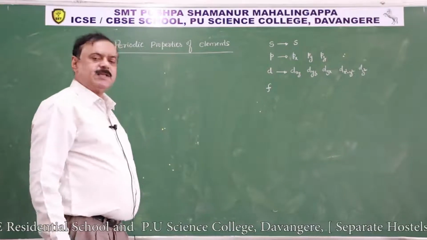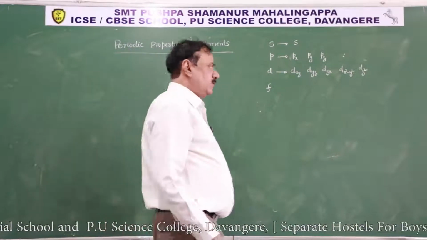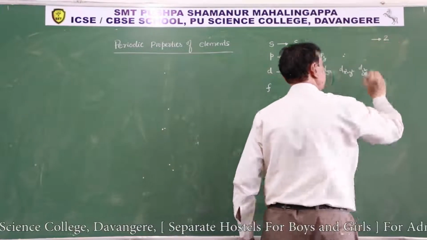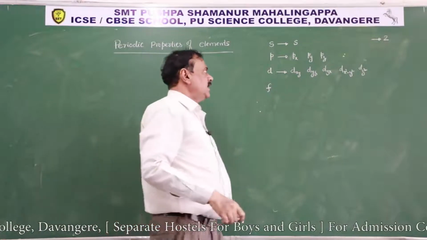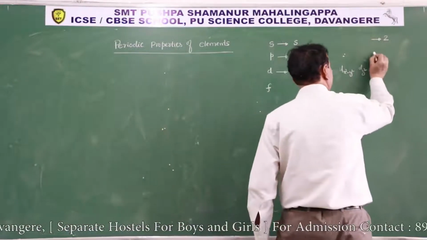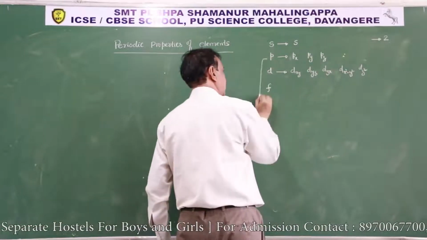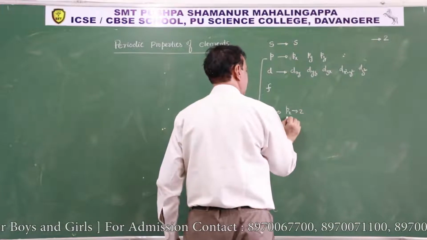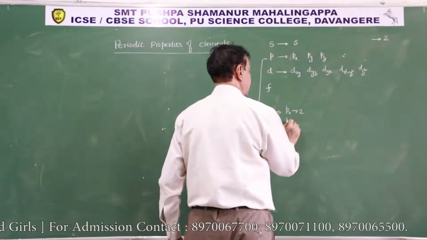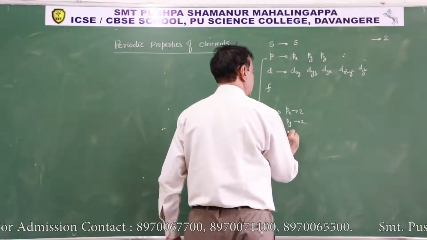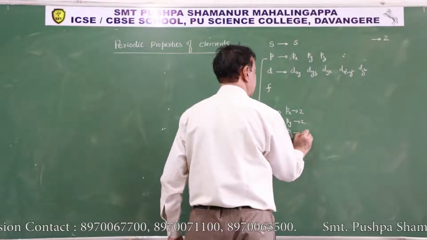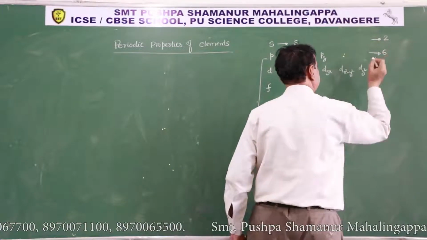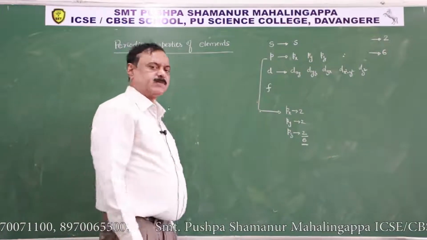Now each atomic orbital has capacity for the accommodation of only 2 electrons. That is why in S atomic orbital we can place only 2 electrons. In case of the P atomic orbital, we can place 2 electrons in Px, 2 electrons in Py and 2 electrons in Pz, total 6 electrons.